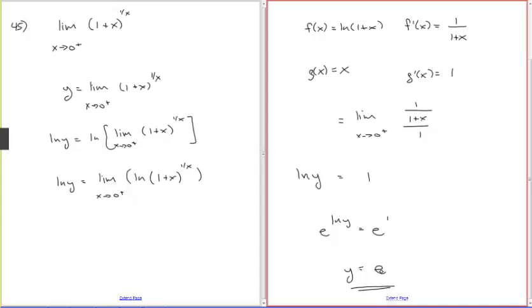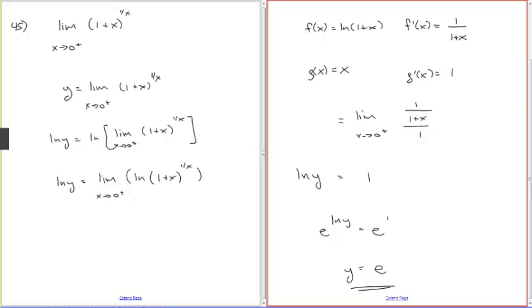I think you could say the same thing about x going to infinity, but I'm not sure about that. Actually, no, because this has to do with interest rates. If you let the interest rate go smaller, but you let the number of periods go to infinity, then you end up with e. That's the whole idea behind that.